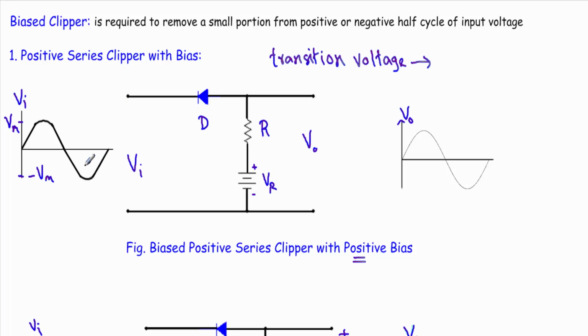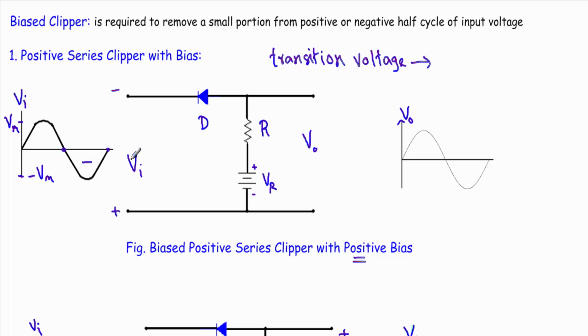See, when the input voltage is at negative half cycle, that means from this point to this point, this terminal will be negative and this terminal will be positive. At first I will analyze. Now see, here we have two voltage sources connected with this diode. First one is this input voltage, and second one is this reference voltage, and we will at first try to see the effect of the voltage sources individually on this diode.